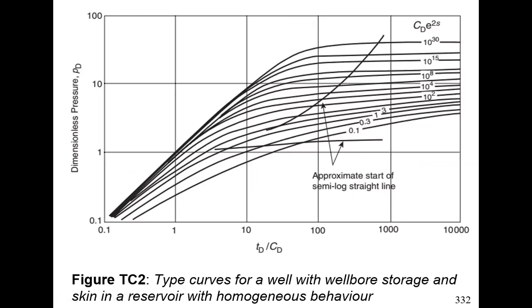In TC2, you see on the y-axis dimensionless pressure, while on the x-axis you have the ratio of dimensionless time to dimensionless wellbore storage. So this is the wellbore storage dominated period.